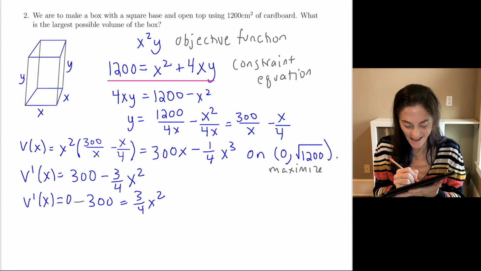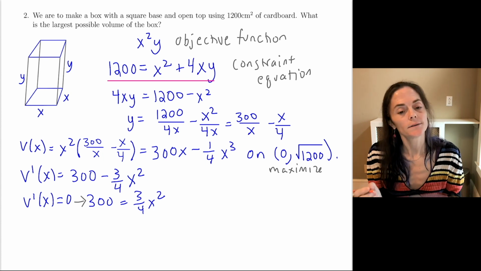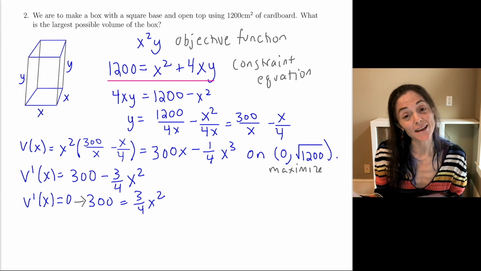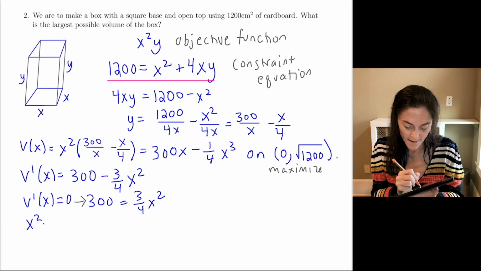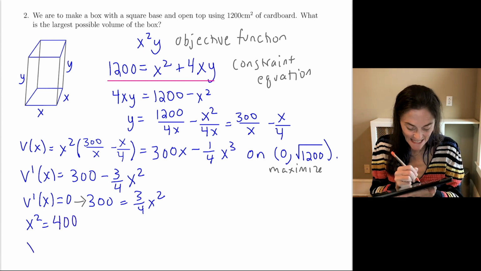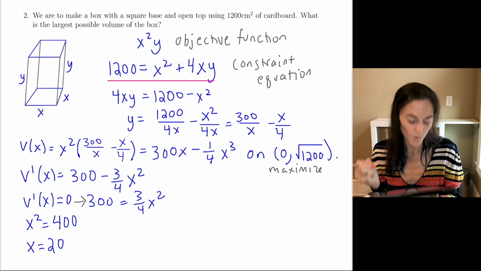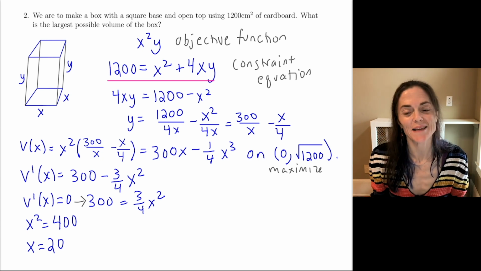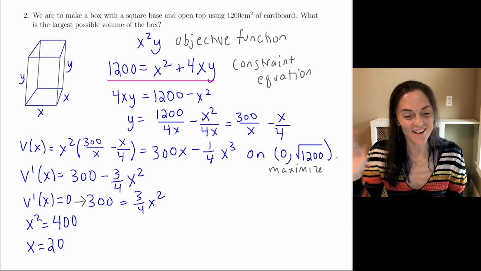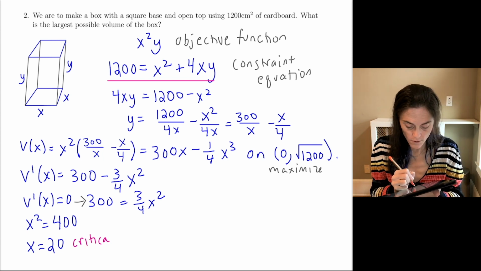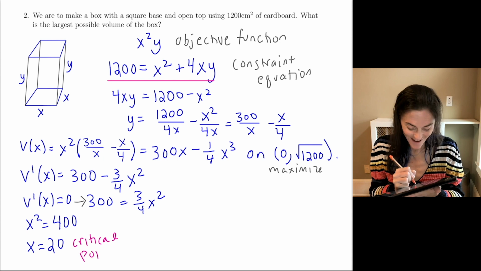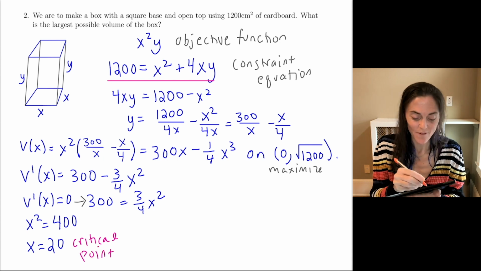Now, I can divide everything by 3, multiply everything by 4, and I get that x squared will be 400. The nice thing is we have 20. Well, or negative 20, but that is not in my interval. So this is the only critical point here that's in the interval from 0 to the square root of 1,200.